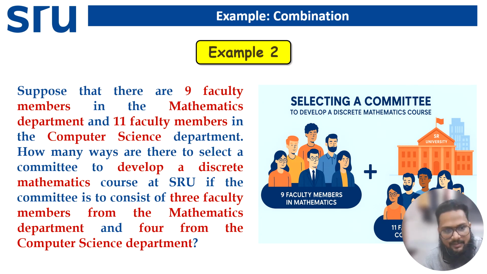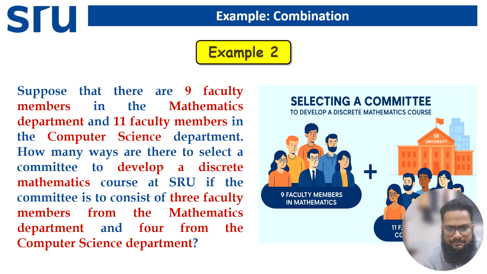In the mathematics department, suppose there are 9 faculty members, and in the computer science department you have a total of 11 faculty members. Now you have to develop the course and only 3 members are needed from the mathematics department and 4 members from the computer science department. Now, how many choices do you have to select a faculty team or a committee team?